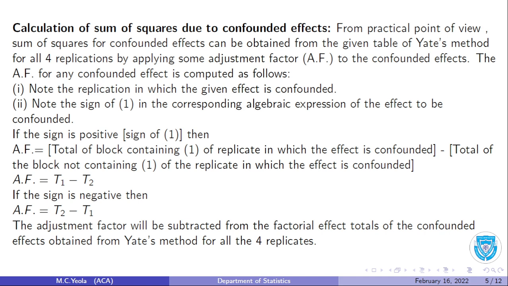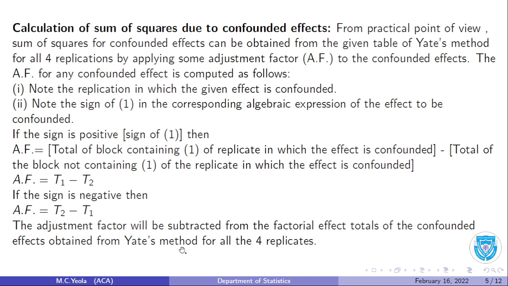So its multiplication finally gives a negative sign in the case of NKP. So the sign of 1 is negative only there. Other than that, where we have confounding, meaning NK, NP and KP, the sign of 1 is positive. In those cases we use T1 minus T2, and if NKP is confounded, then we use the formula T2 minus T1.